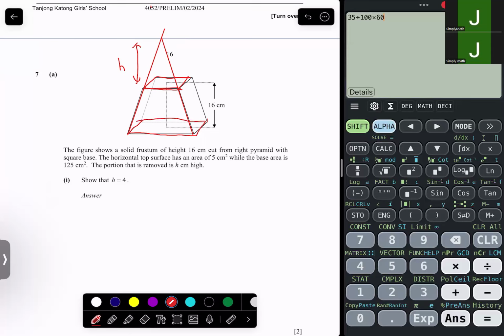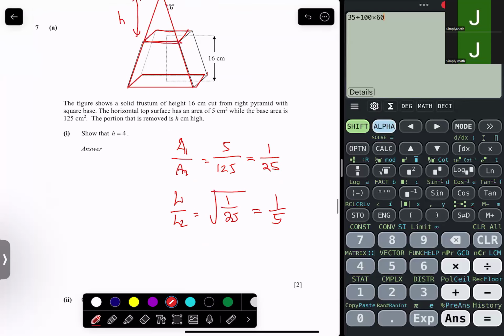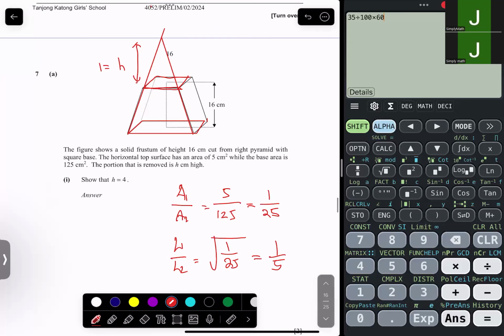Okay, so we have an A1, A2 situation. A1 over A2 is 5 against 125, which equals 1 over 25 if you simplify. Now, to get from A1, A2 into L1, L2, we square root it, equals 1 over 5, which means that the small triangle is 1 unit, while the whole thing, H plus 16, is 5 units.